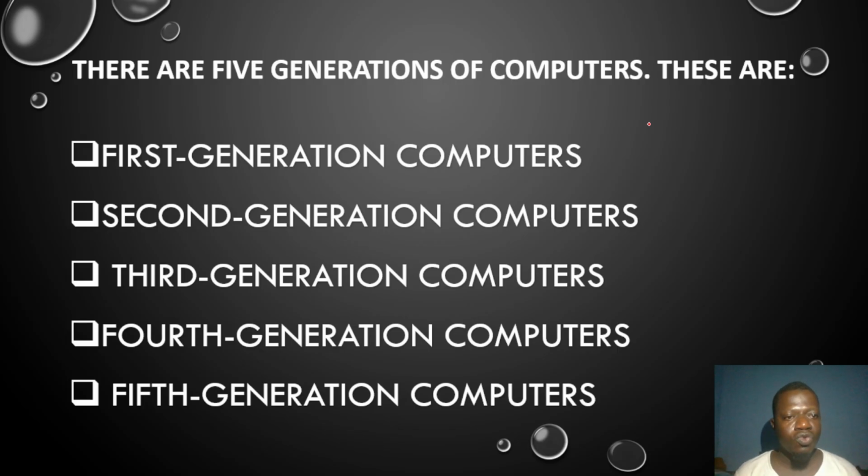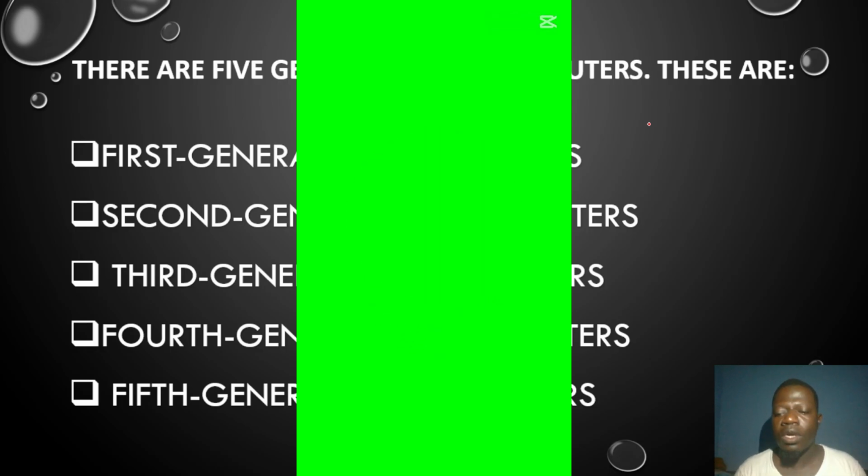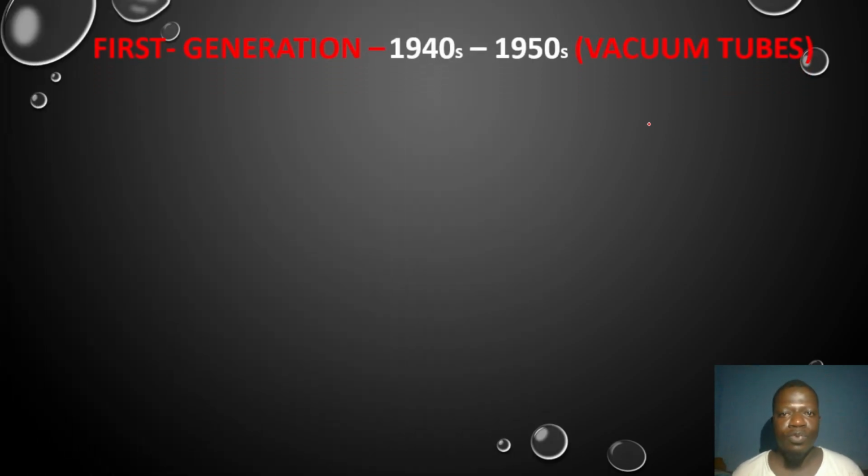Now we are going to understand the stages of development in technology. At which stage has which technology come? In the first generation, which technology was used, and within which period was it invented and used? So the first one that we are going to look at is the first generation of computers.